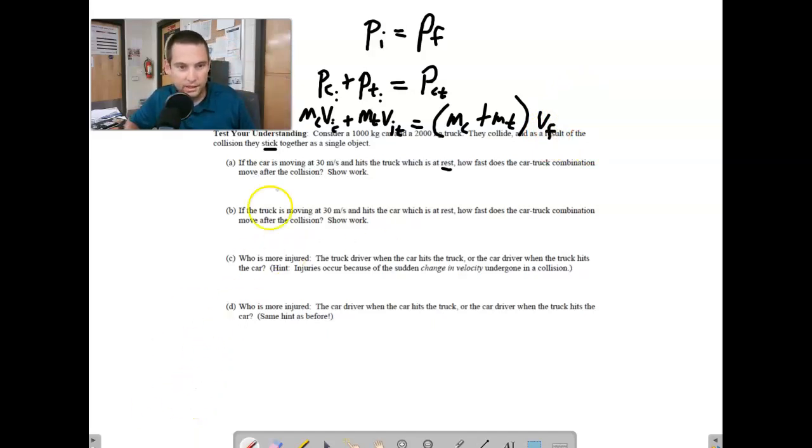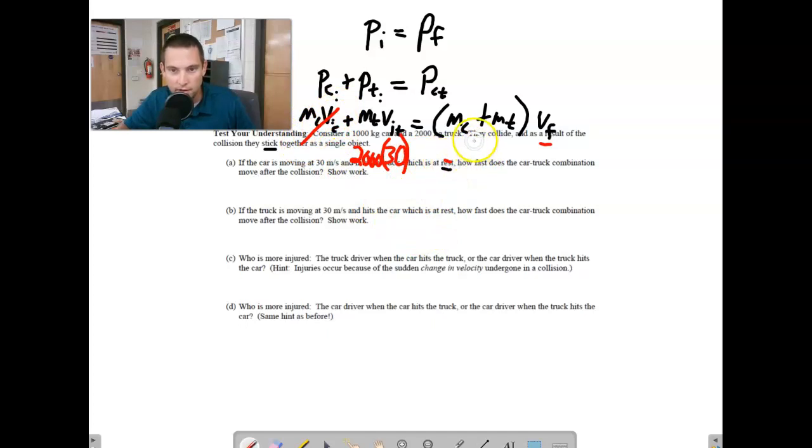So let's dig into A. We're looking for the final speed, so we're just inputting values. The mass of the truck is 2,000, the mass of the car is 1,000. The truck is moving at 30 meters per second and the car is at rest, so zero velocity times the mass of the car goes away.